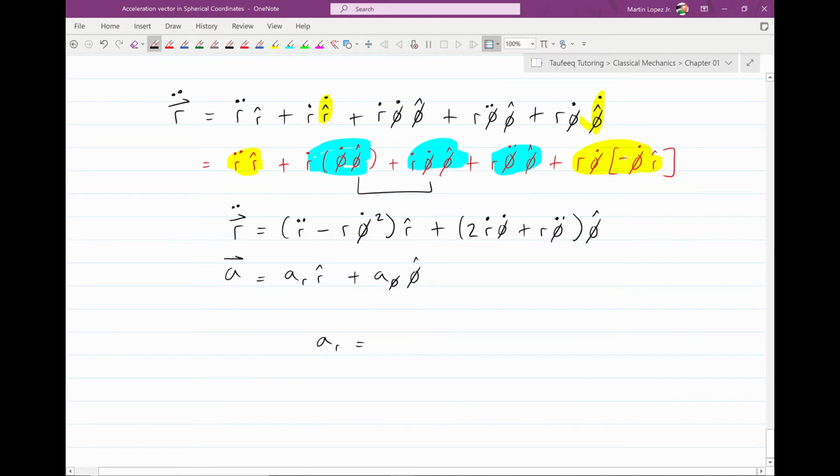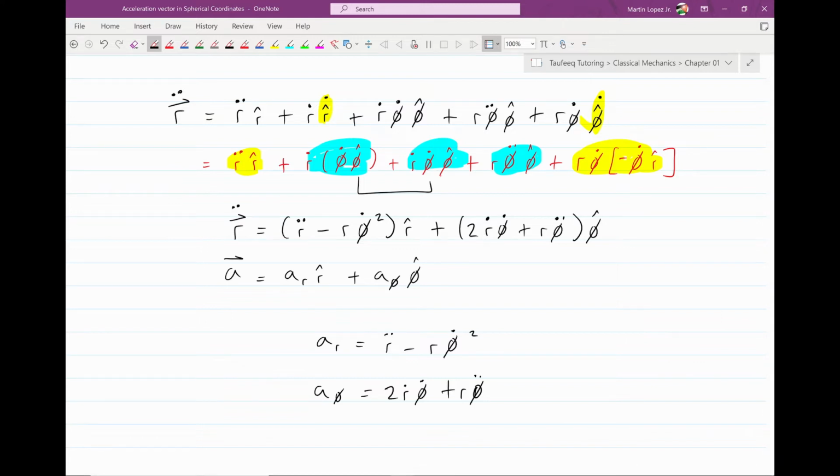So let's figure out what these are and make sure that these make sense. So r double dot minus r phi dot squared, and this one is 2r dot phi dot plus r phi double dot. Awesome.